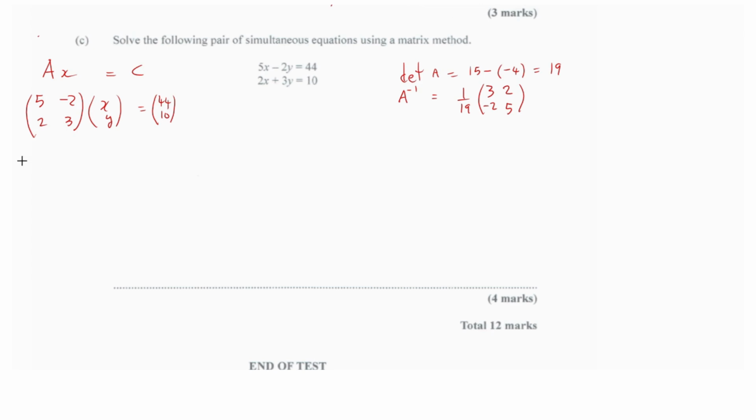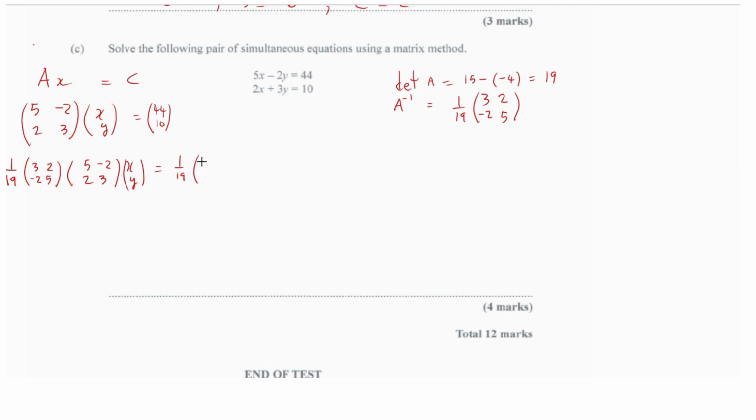So we have 1 over 19, 3, 2, minus 2, 5, times 5, minus 2, 2, 3, then x, y, equals 1 over 19, 3, 2, minus 2, 5, times 44, 10.